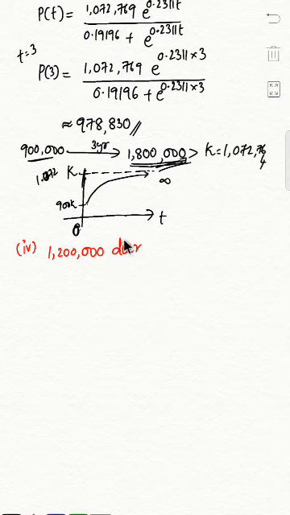So what it says is that our P of t in the current situation is 1.2 million deer, but the maximum carrying capacity is this one. What happens now?